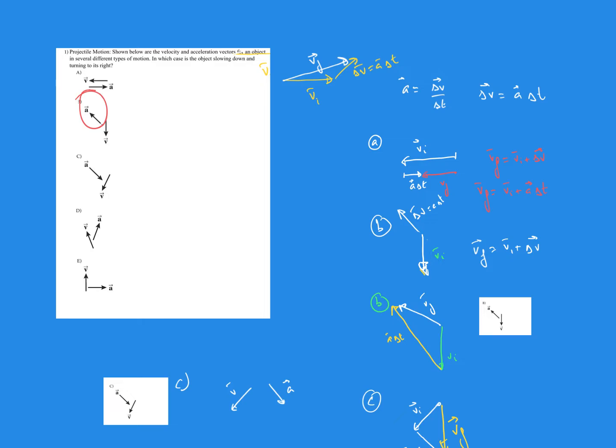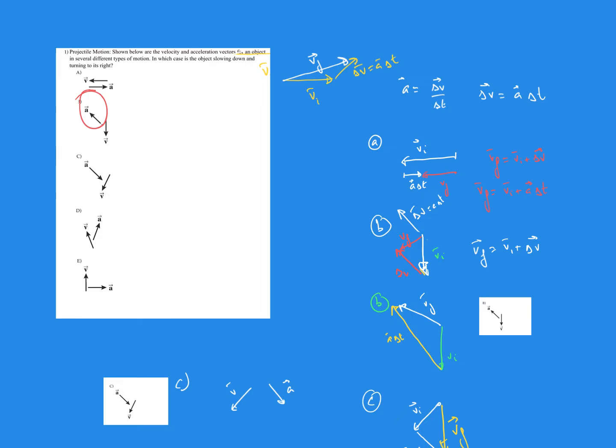V initial plus the change delta V plus this vector is the final velocity V final. So V final is here. So it is slowing down and turning to the right.